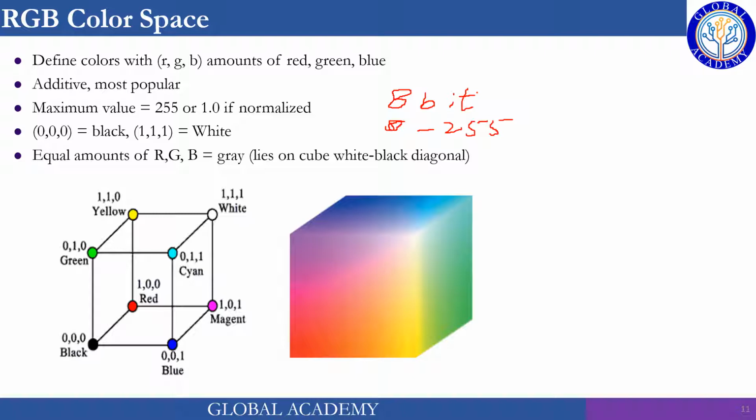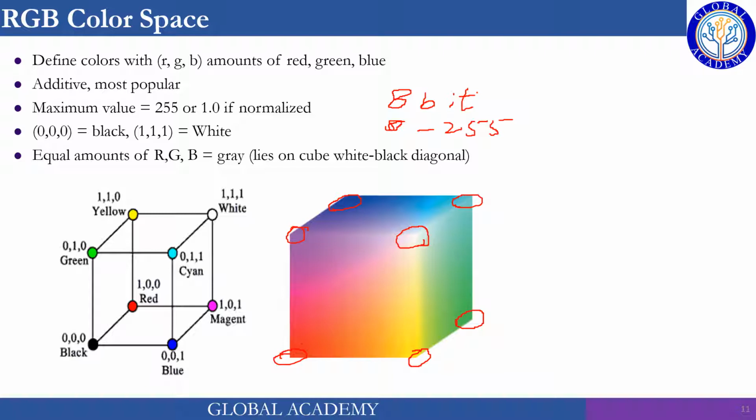We can generate a wide range of colors like those displayed in this cube. Here is the red corner, then the white corner, then the yellow corner, green corner, blue corner, red, green and blue, yellow, magenta and cyan.